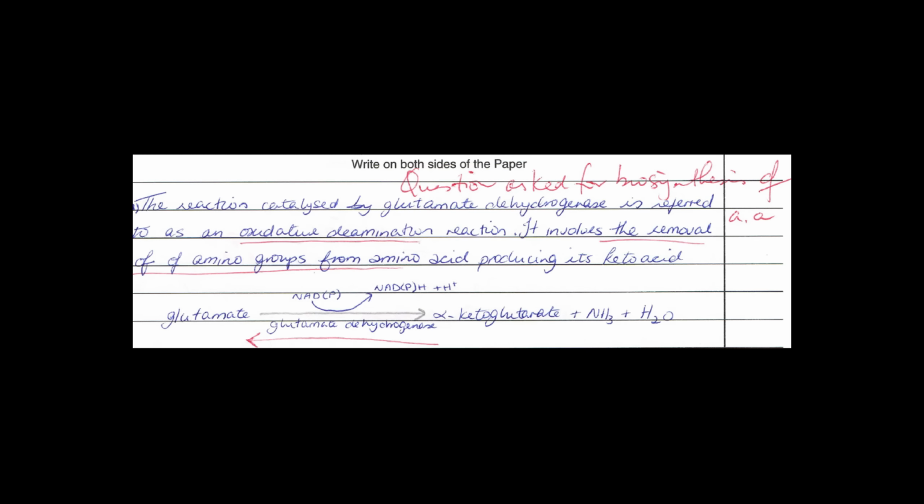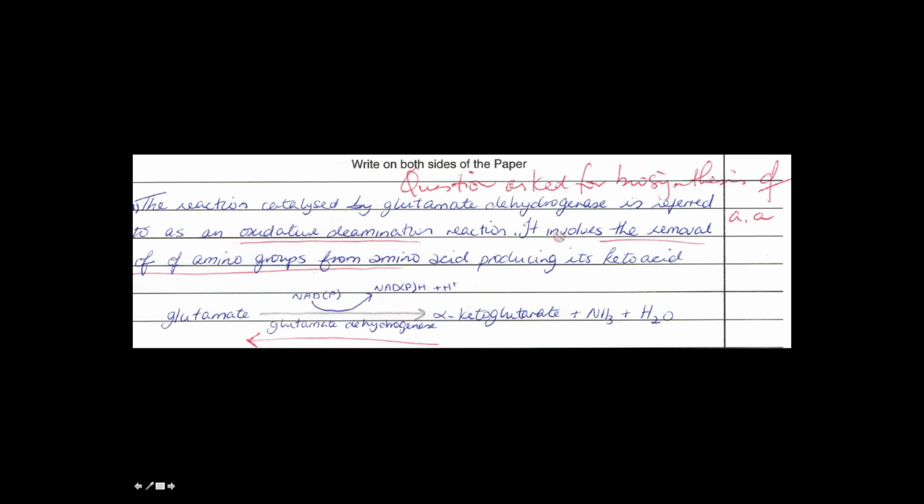Now, this is under nitrogen metabolism, and I think the question went something to the effect that give the general reactions used to synthesize a typical amino acid. All right. So the question is asking for the biosynthesis of amino acids. Yet this person starts off with oxidative deamination. So I'm thinking, well, maybe she doesn't know what oxidative deamination means.